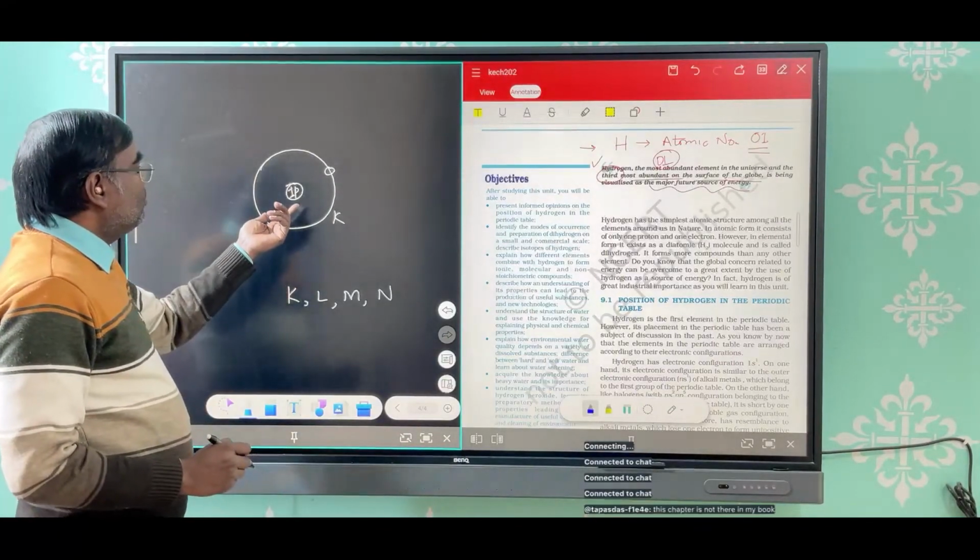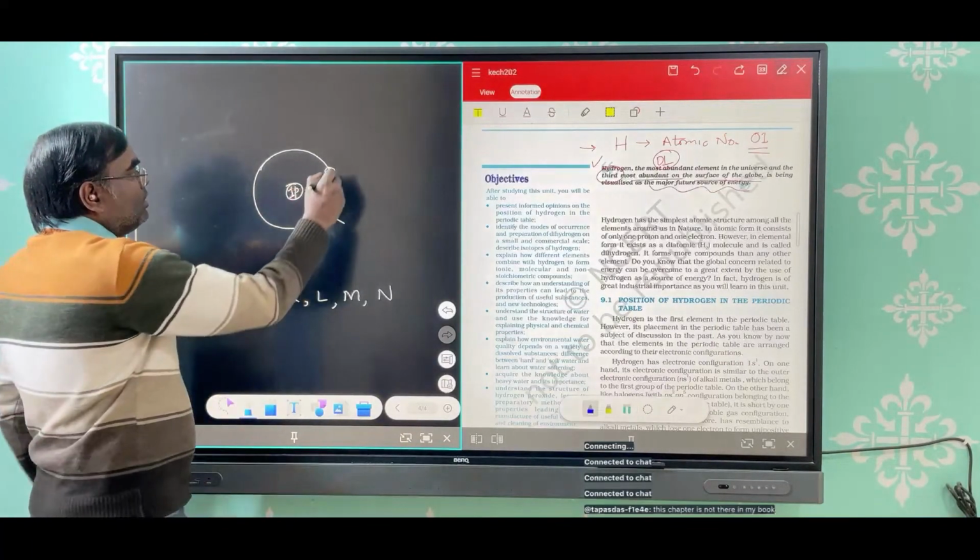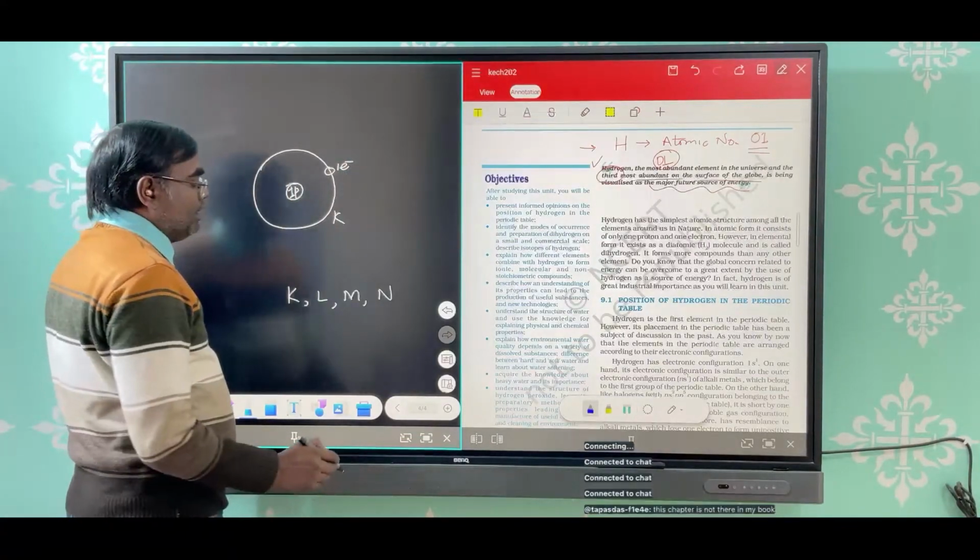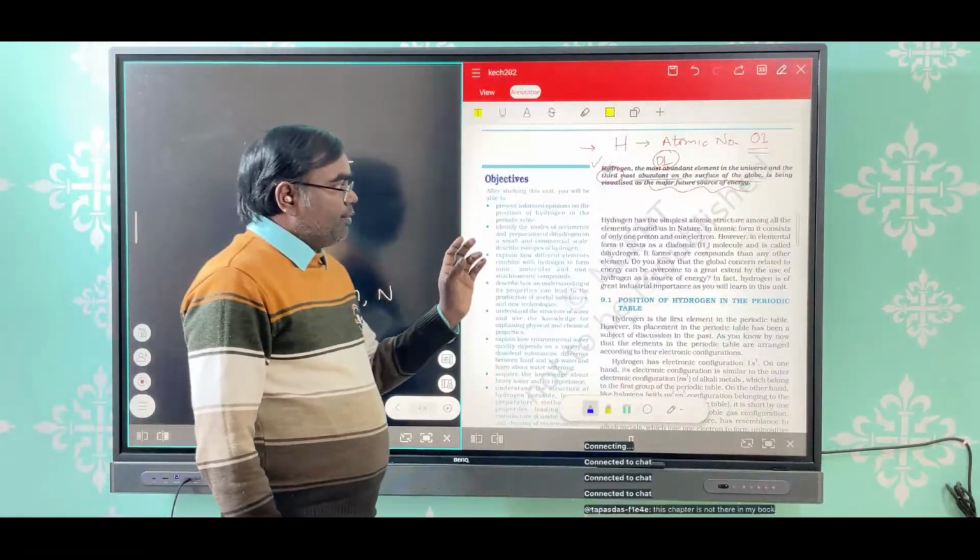So it has only one proton and one electron, right? That is the property.